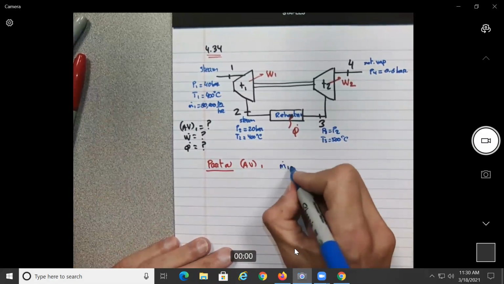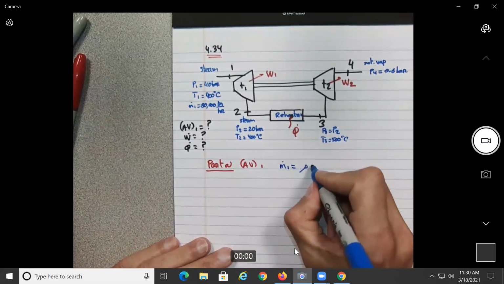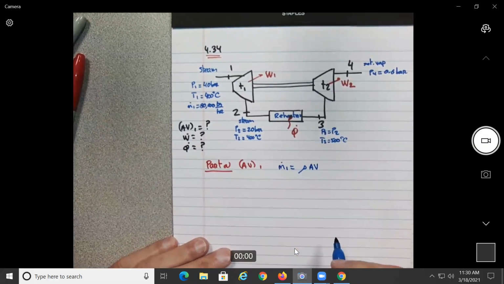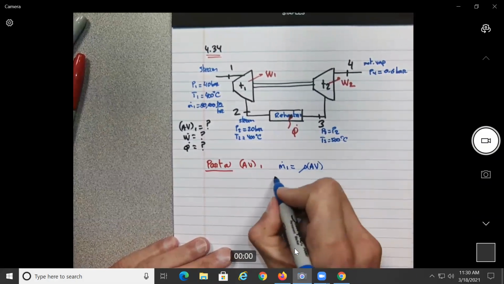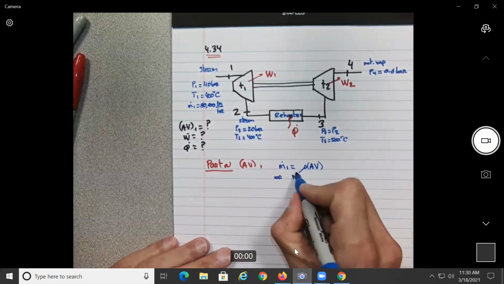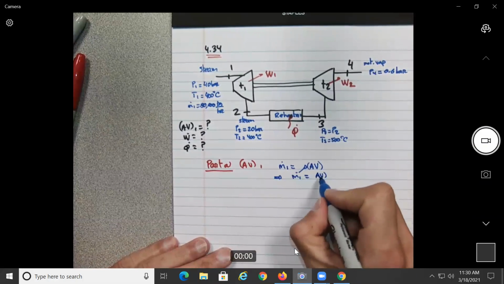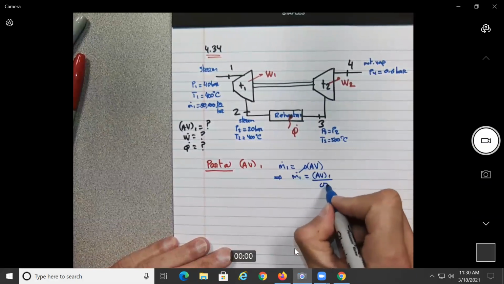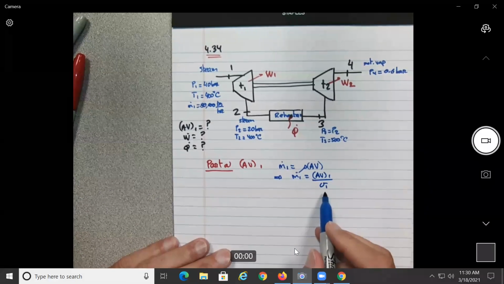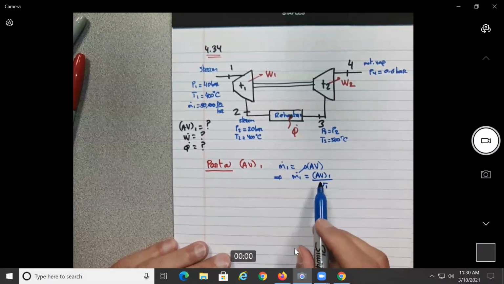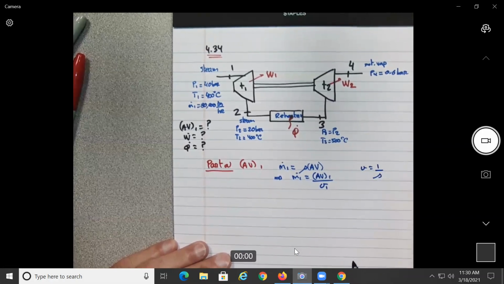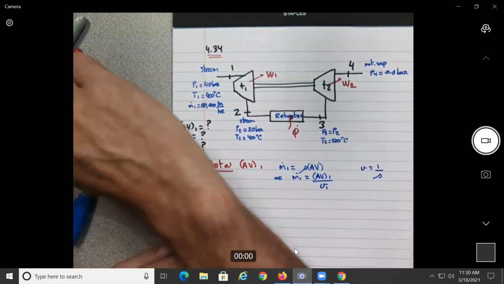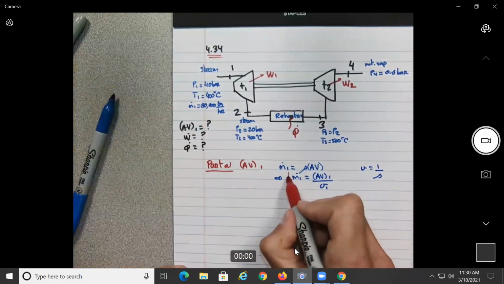We saw that the mass flow is equal to rho AV, where AV is the volumetric flow rate, and the mass flow is also equal to AV divided by the specific volume, because v is just the inverse of the density, no? So that's basically the equation we have.